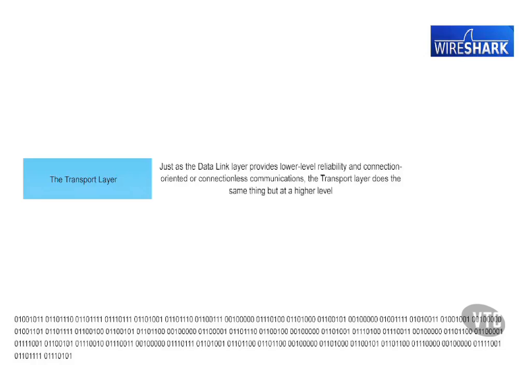The two protocols most commonly associated with the transport layer are the Transmission Control Protocol, or TCP, which is connection-oriented, and the User Datagram Protocol, UDP, which is connectionless. The transport layer also manages the logical addressing of ports.